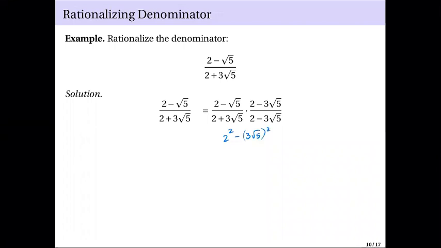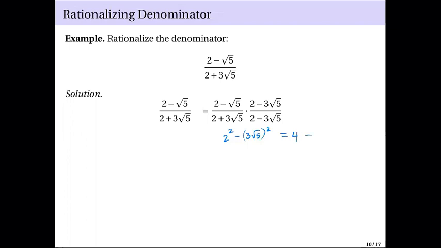That's a difference of 2 squares. So if we do that, well, 2 squared. I'm only talking about the denominator here. So 2 squared is equal to 4.